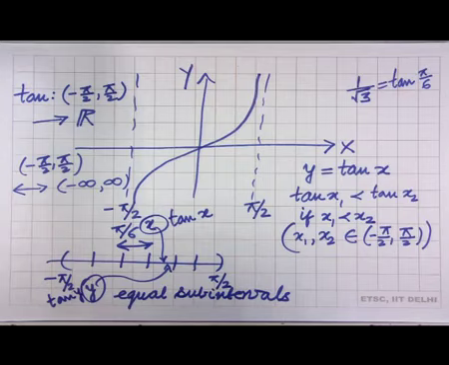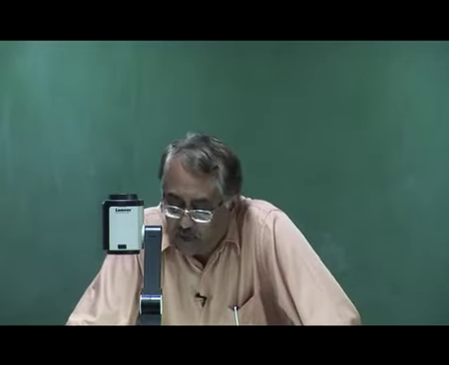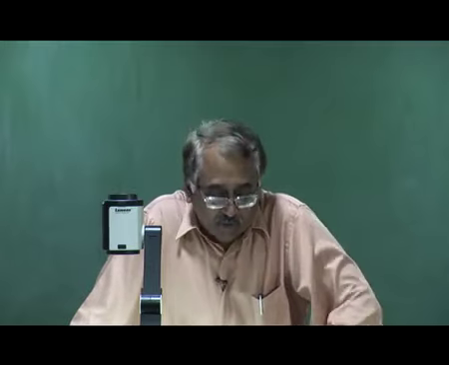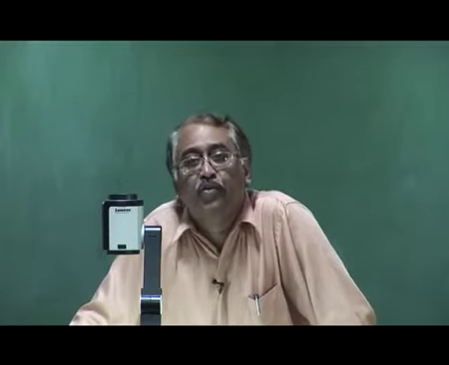Because what the tangent values will then do for you is take a random real number in this interval minus pi by 2 to plus pi by 2 into the real axis. The way the problem is stated right here, it is given to be any real number. So I take this real number that is given to me. I take the inverse tangent function.